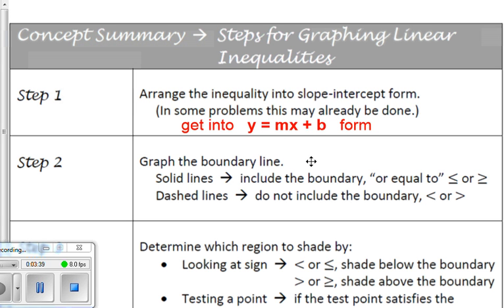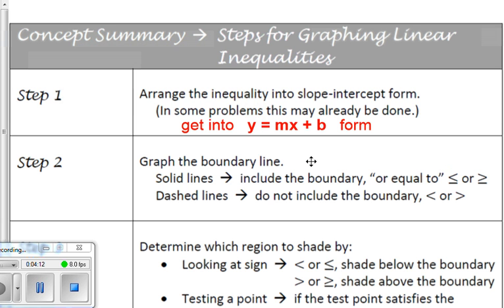Step 2 then is to graph the boundary line. Now, one thing we need to know about the line is, in some cases, we can't be exactly on the line. If we have x has to be less than 4, x can't be exactly 4. We want everything below 4, but not including 4. So in this case, we would have to make a line that's dotted or dashed to say we're not including 4, but we're coming right up until 4 and doing everything that's below that.